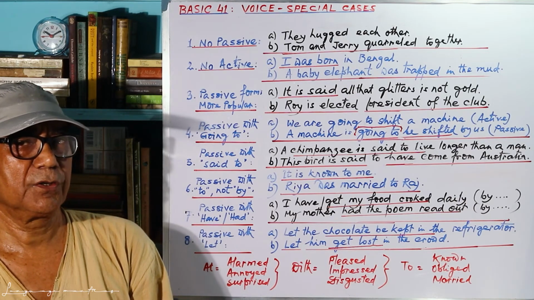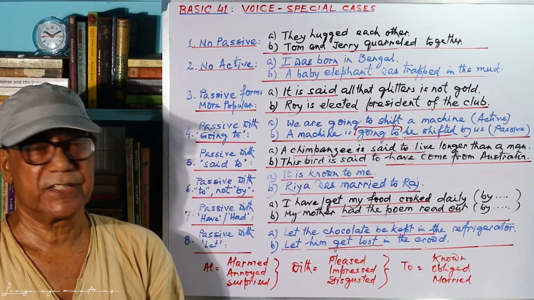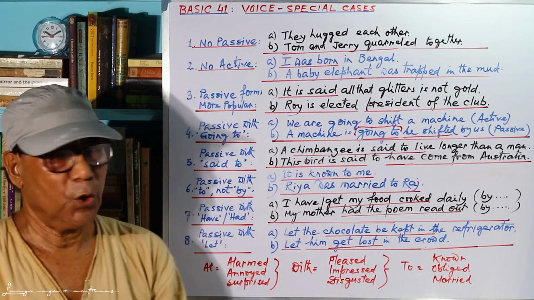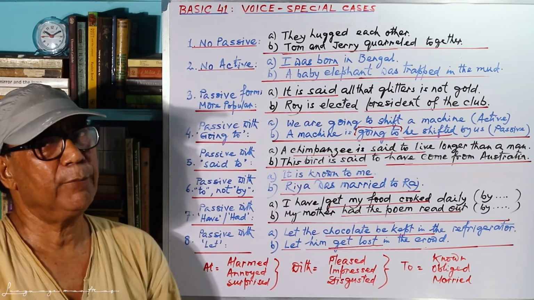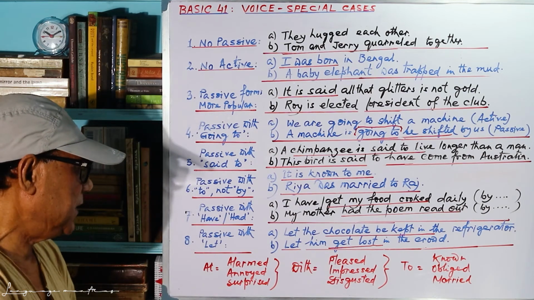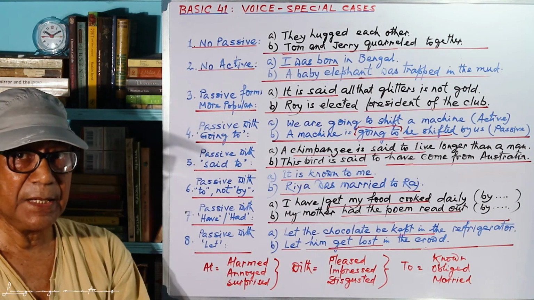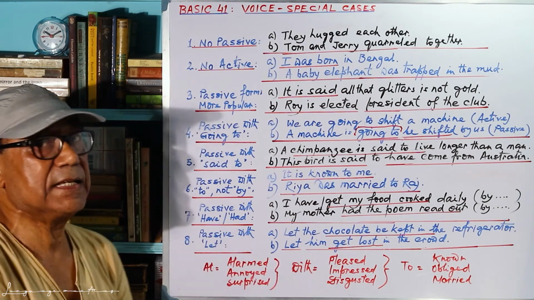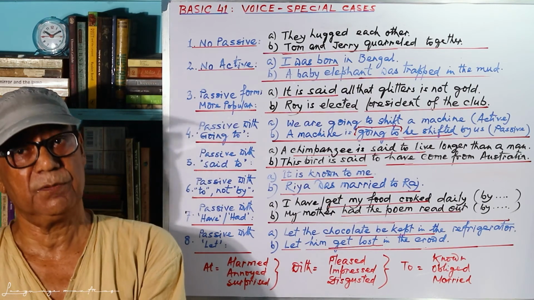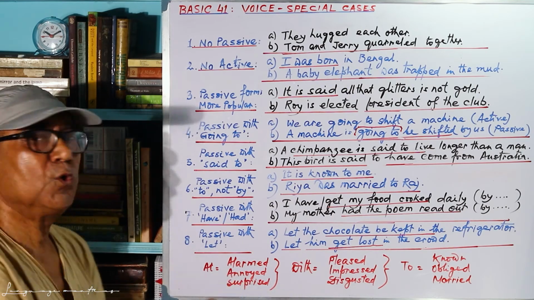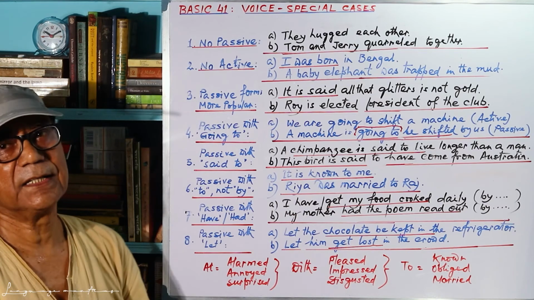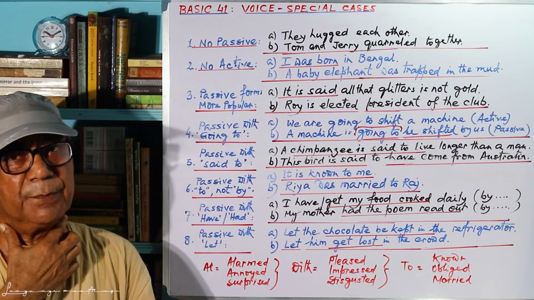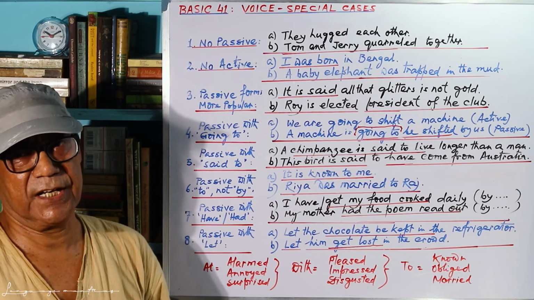Now sometimes you would come across many sentences in the passive format where "by" is not used. Sometimes it is "at," sometimes "with," sometimes "to." You see, all these verbs are more or less stative verbs. And "alarmed": I am alarmed at, annoyed at, surprised at. In all these cases, it has more adjectival value than the value of a verb. That's why the preposition "by" that is used in passive voice is not insisted upon.